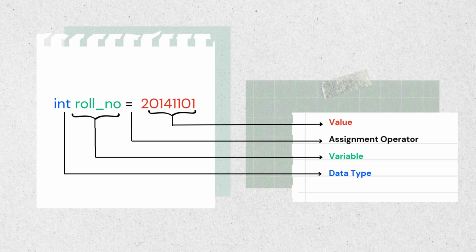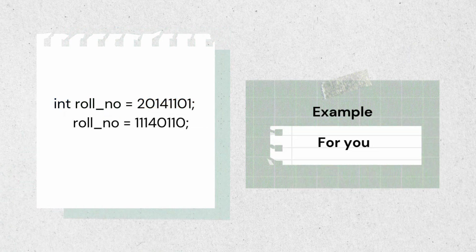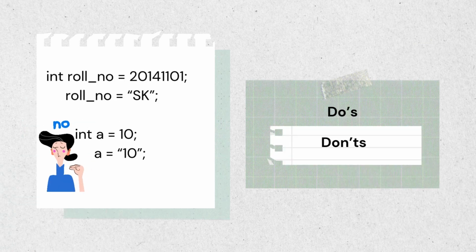We need to declare the data type for a variable only once. After that, we can use the variable name to use it or update it, like rollNumber = 11140110. But once we declare a data type for a variable, we cannot put a different kind of value in it.